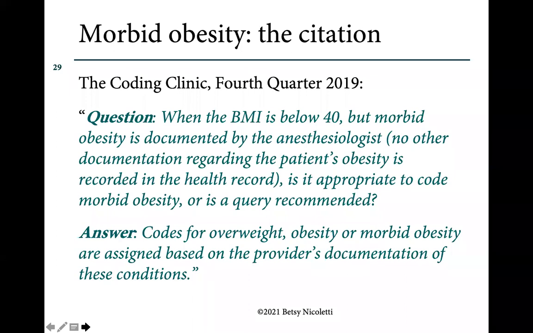And it's a little bit off, but we're going to bring it to us soon. When the BMI is below 40, but morbid obesity is documented by the anesthesiologist, no other documentation, is it appropriate to code morbid obesity? And the answer is code for overweight, obesity, or morbid obesity assigned based on the provider's documentation of these conditions.